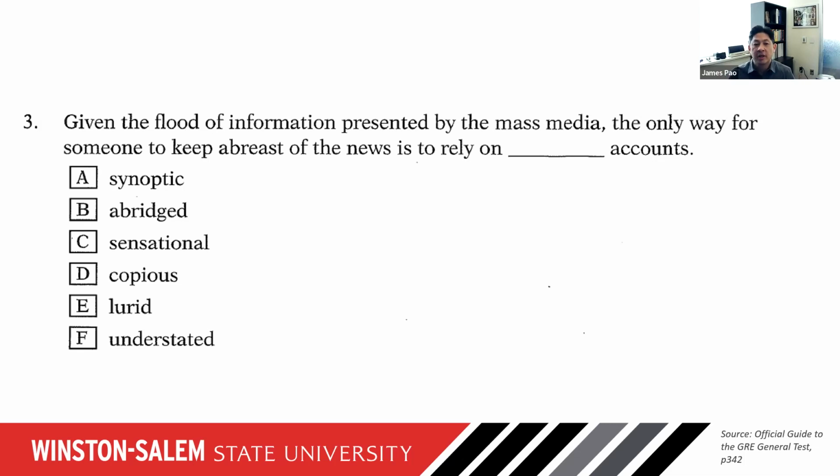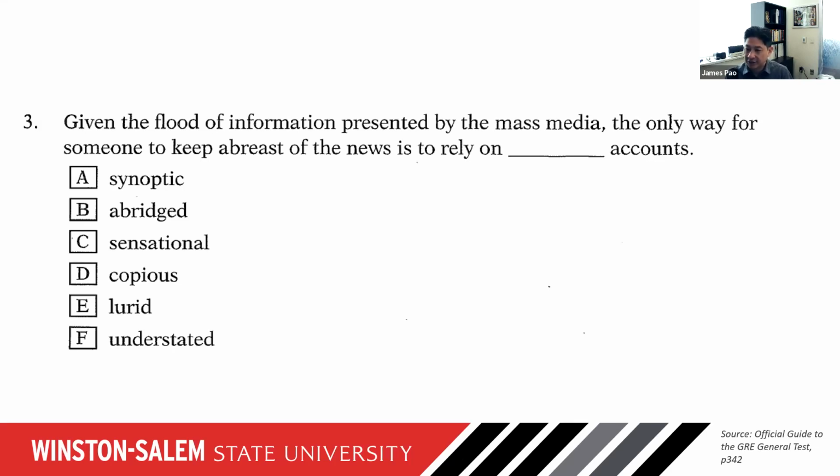So given that we have so much information being presented by the mass media, the only way for someone to keep abreast of the news, the only way for me to understand what's happening in the world is to do what? To rely on shorter accounts.